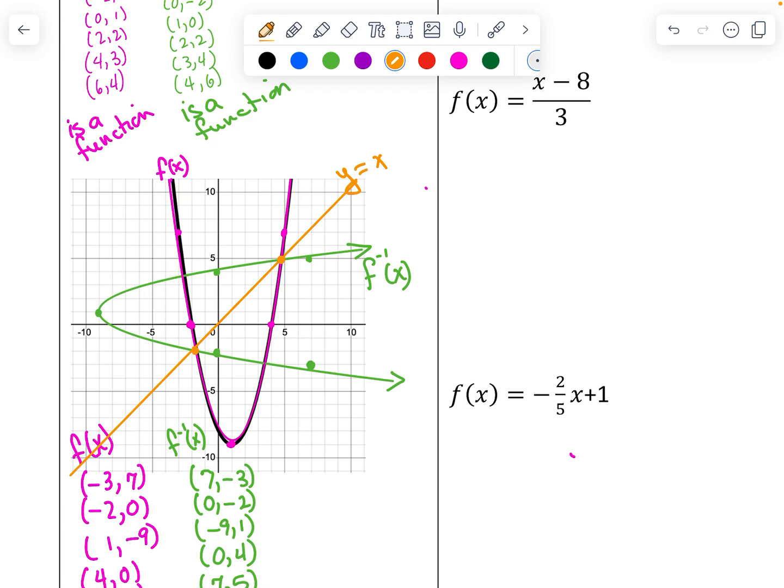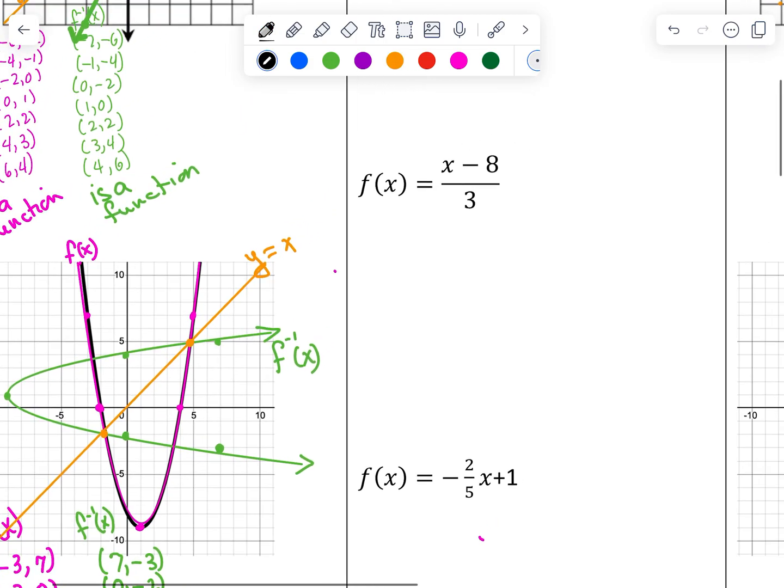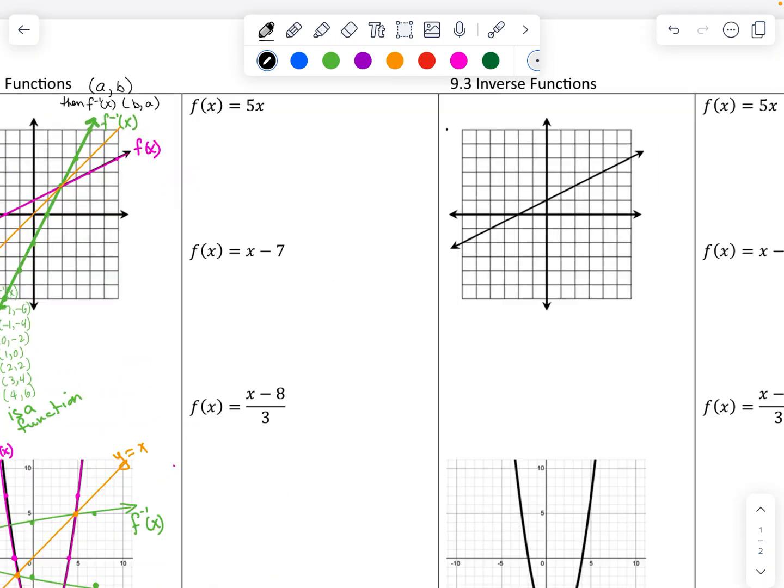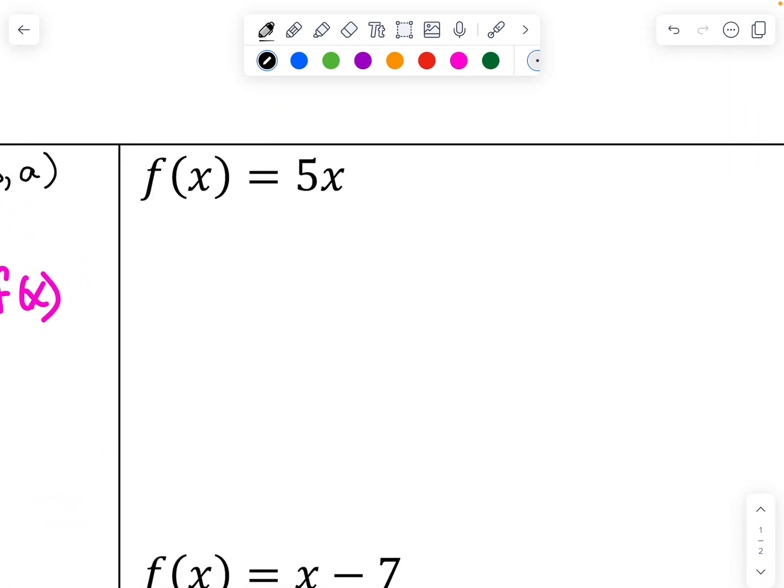Okay, so what are we going to do? What we're going to do most often, algebraically, is find the inverse. First of all, we rewrite this problem so it says y equals 5x, because our brains like y equals better than f of x equals.